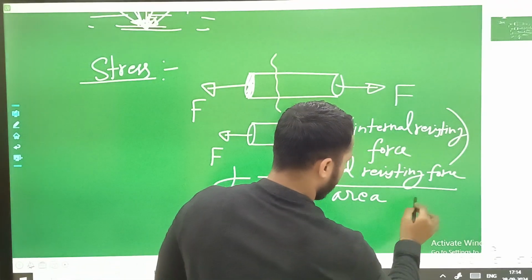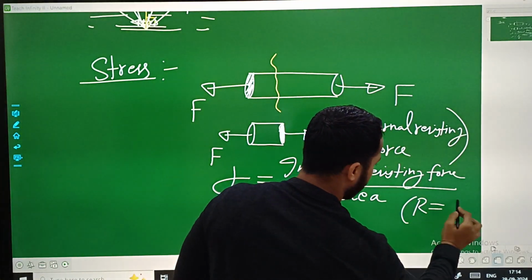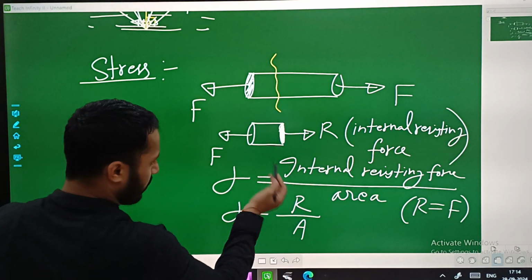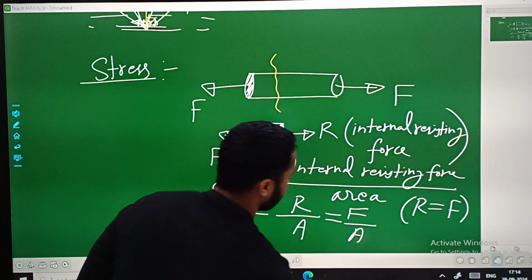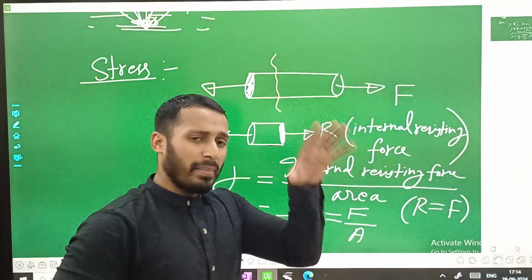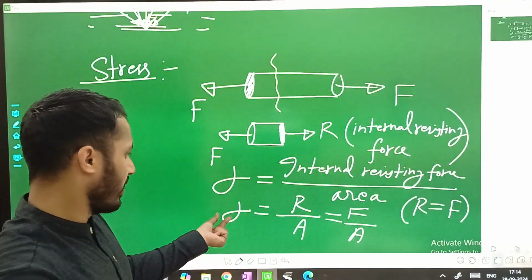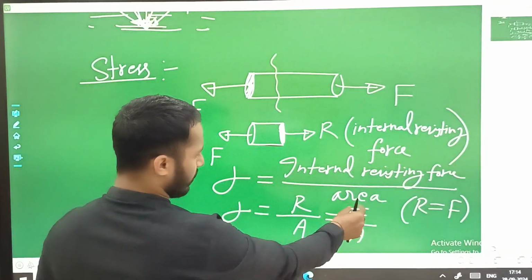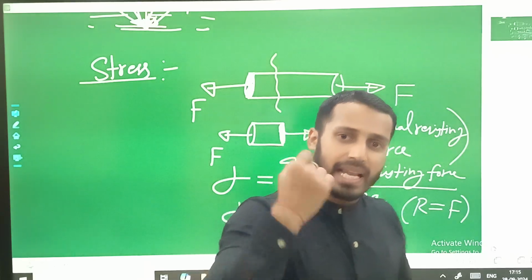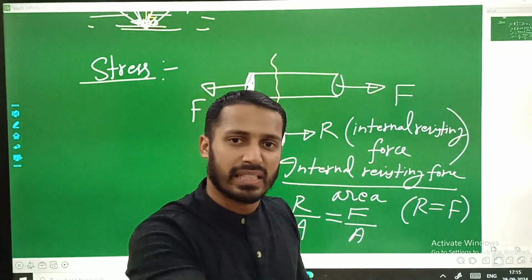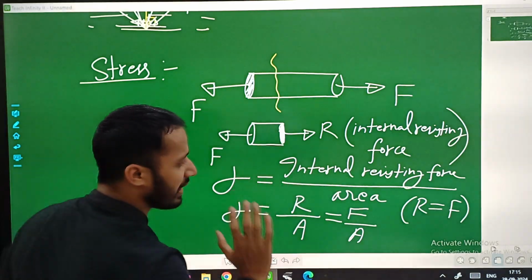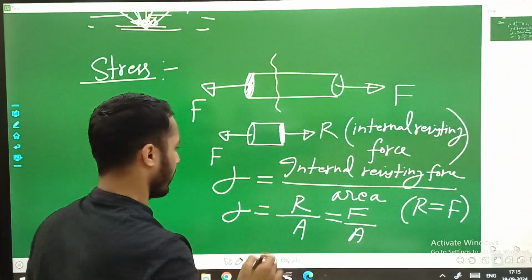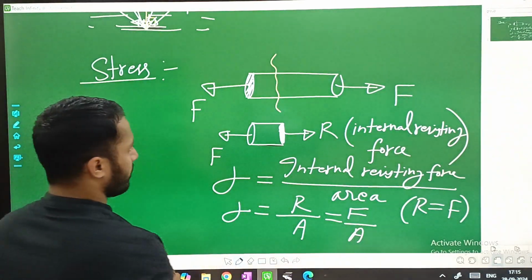So can I write R is mathematically equal to F? So in place of R, you can write F upon A. Mathematically you can write stress equal to external applied force upon area. But the reality is the definition comes from internal resisting force per unit area. Okay, don't forget this.